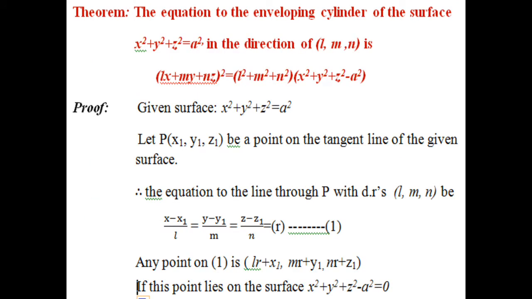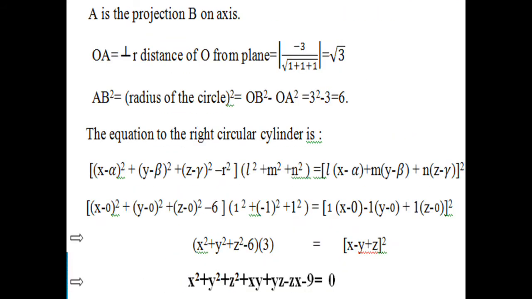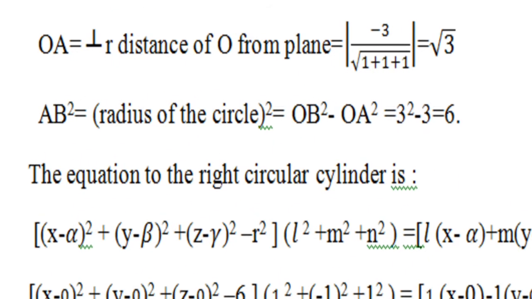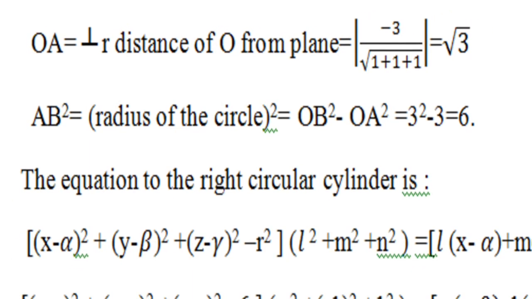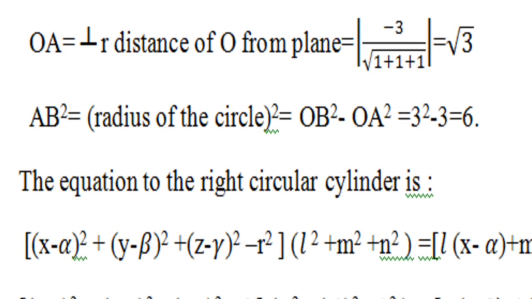Next, A is the projection of B on the axis. Here instead of P we can take the origin 0, 0, 0. So we can write OA is equal to the perpendicular distance from the origin to the plane.